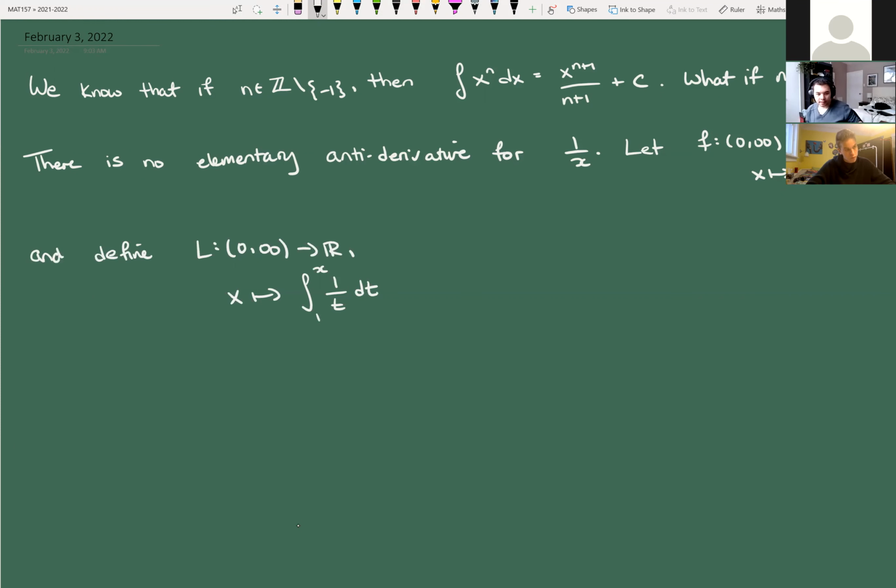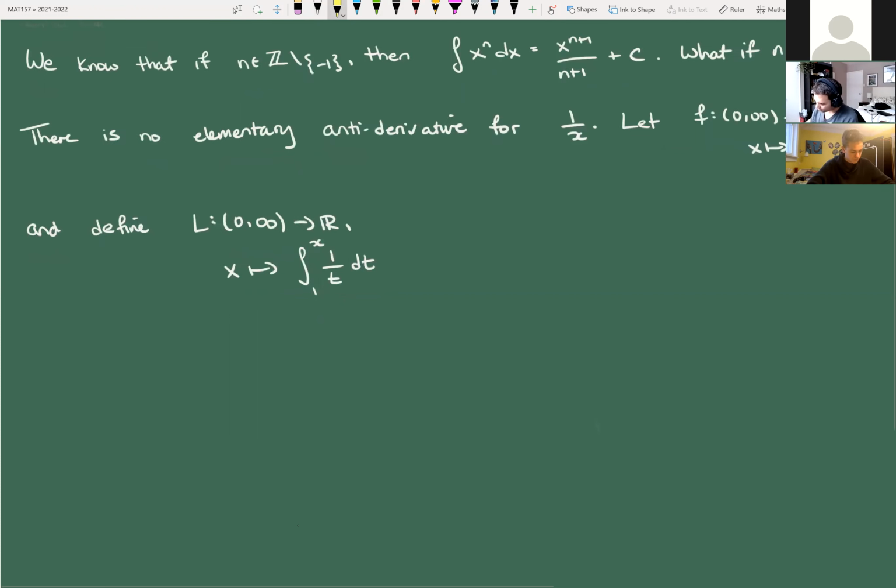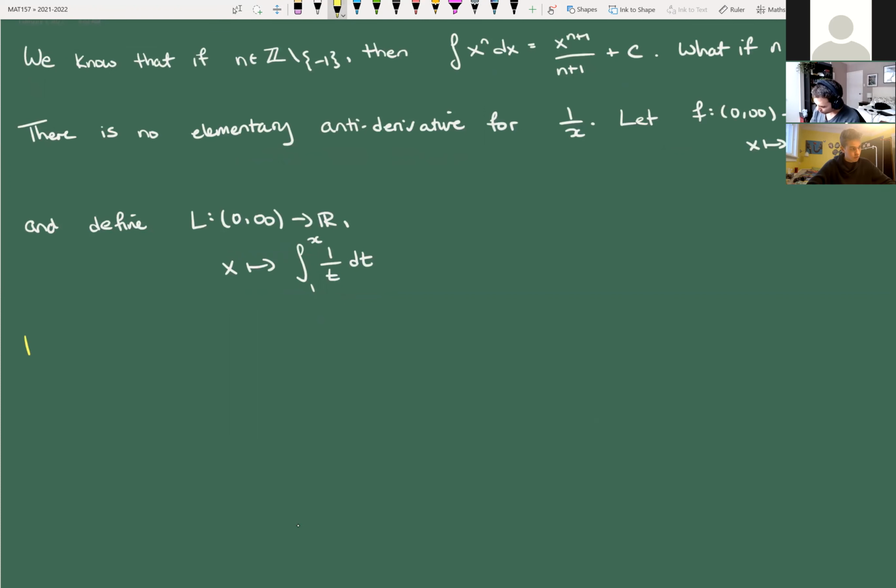Right, and the FTC, which one? FTC1 tells us the derivative of big L is 1 over x, right? No problem. So with this definition in mind, we immediately have a bunch of very easy results that we can prove.